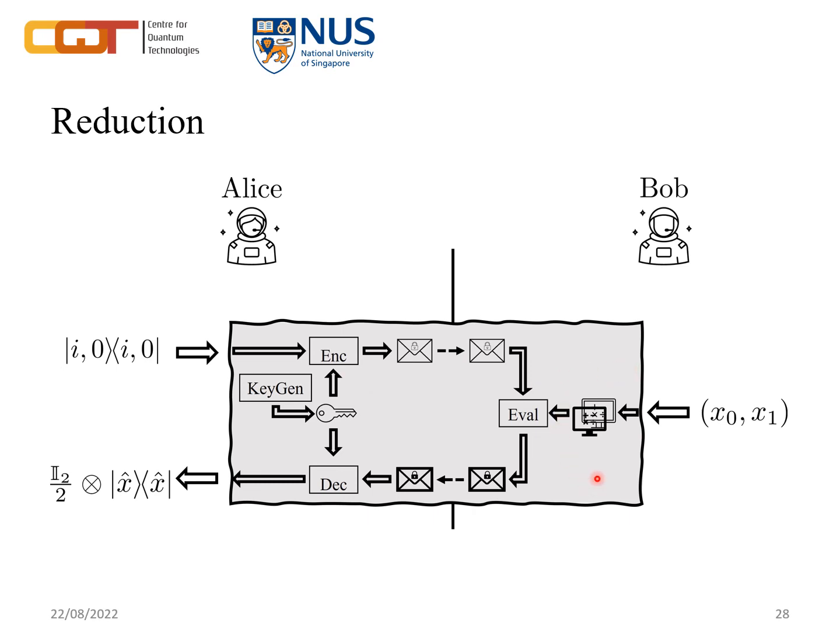Bob evaluates F_{x0,x1} according to his data bits x0, x1 with the evaluation map of quantum homomorphic encryption and sends it back to Alice. Alice then decrypts with the decryption map of quantum homomorphic encryption and obtains a completely mixed state tensor product x̂ state. The second qubit of the output gives x̂, which ought to be x_i.